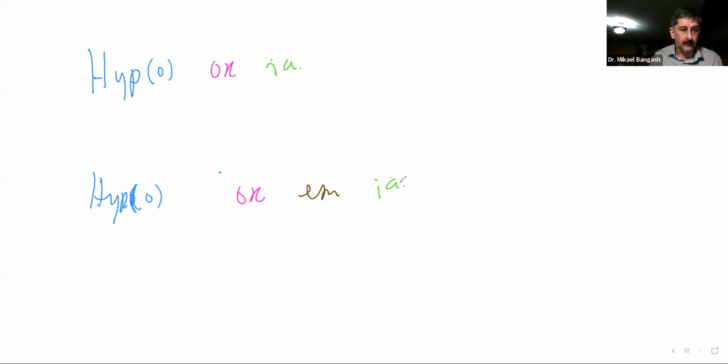Now some of you may ask, why did you write this O here inside the bracket? Mainly because this here is prime, it was hypo. I just took this O out of the word, otherwise it would have become hypoxia and hypoxemia.